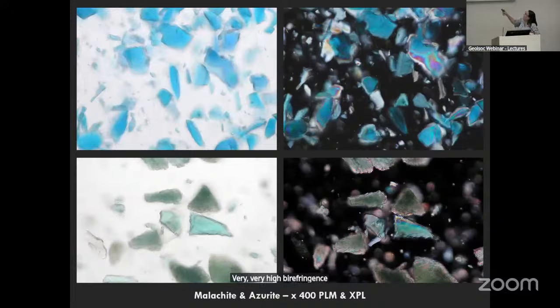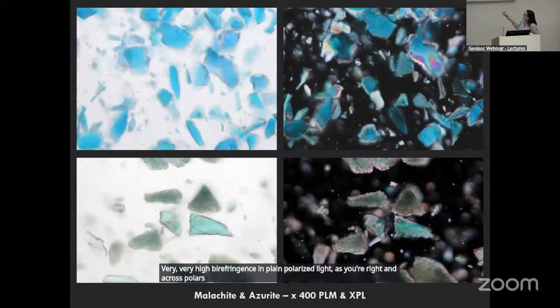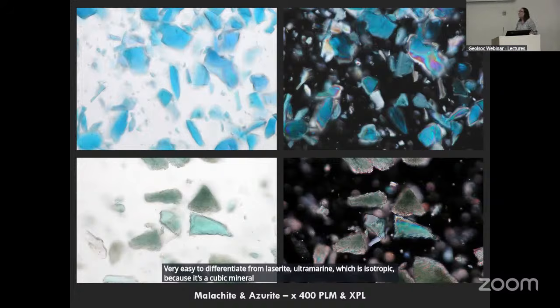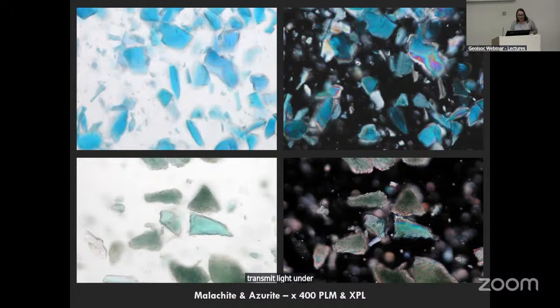In plain polarized light, azurite, under cross polars, and malachite, and again under cross polars. So very easy to differentiate from lazurite, ultramarine, which is isotropic because it's a cubic mineral, so it doesn't transmit light under cross polars.